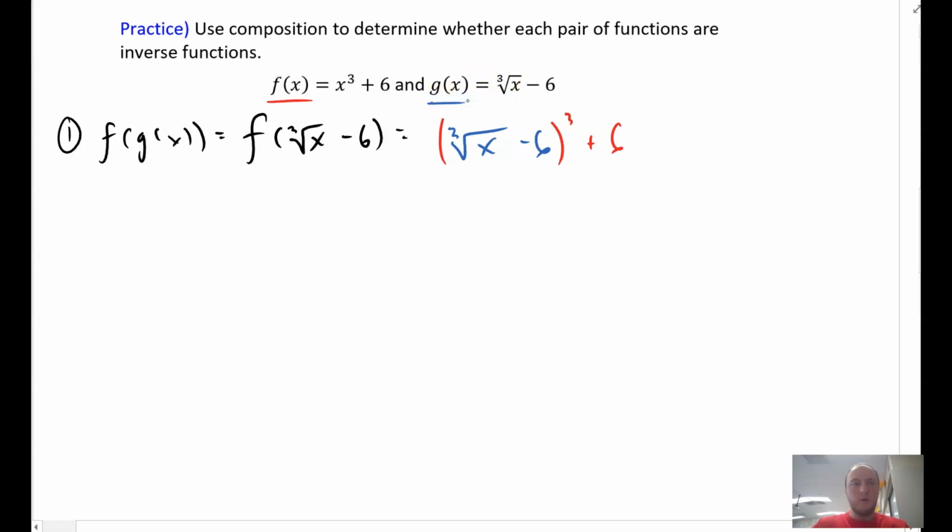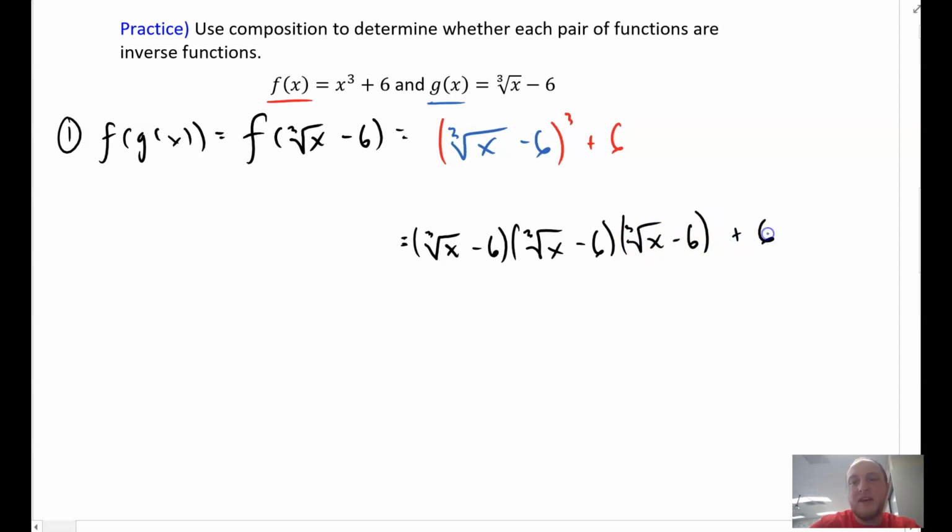Now, notice that I don't have it just on the interior. I have a cubic root, so I can't cancel those out. What we have is the cubic root of x minus 6 times the cubic root of x minus 6 times the cubic root of x minus 6, plus 6.